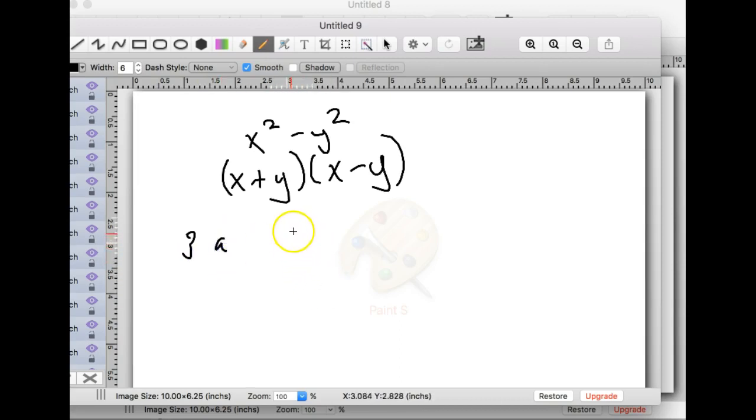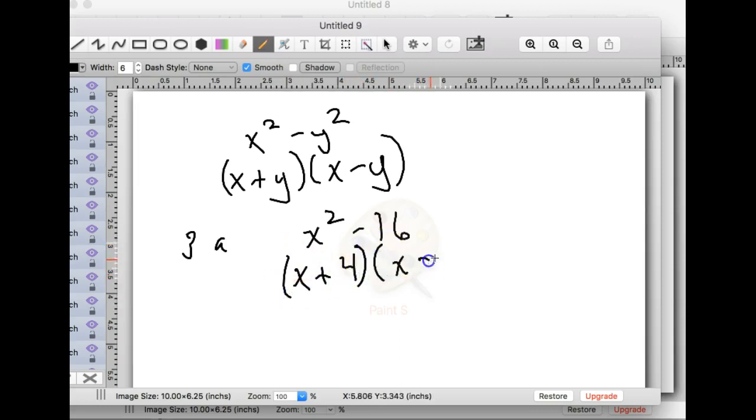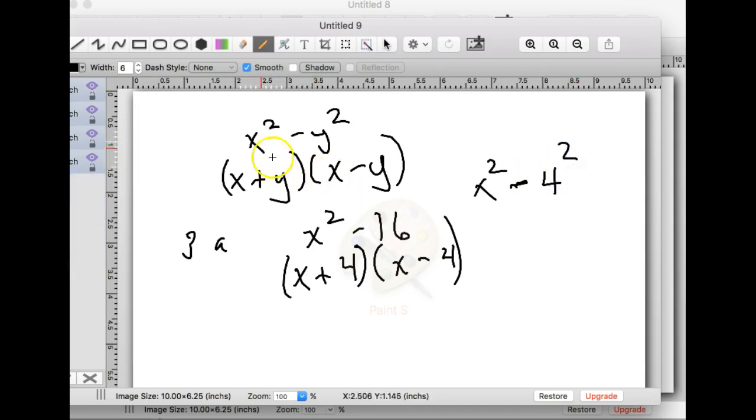You have x squared minus 16, so x plus 4, x minus 4, because 16 is the same thing as 4 squared. Difference of two squares, x squared minus y squared. There's your y. So that becomes x plus 4 times x minus 4.